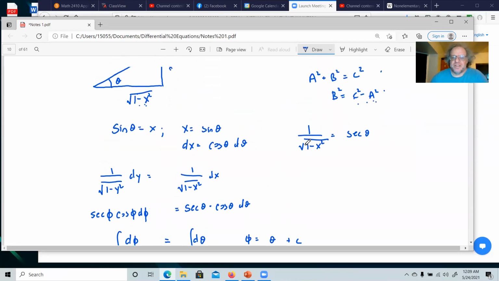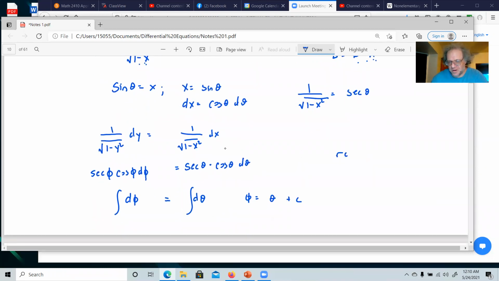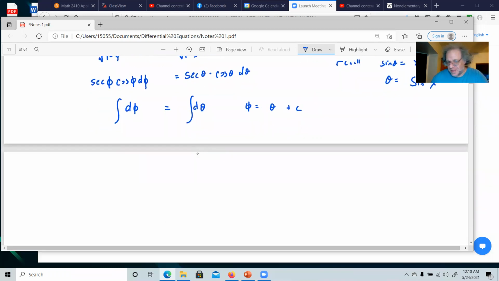Okay, what's theta? Right? Didn't we know that sine theta was equal to x? So if we recall, sine theta was equal to x. So theta is equal to inverse sine of x. So same thing with phi.